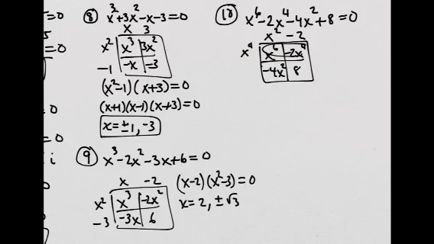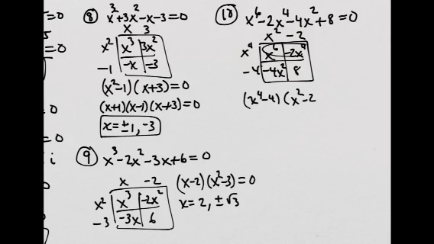And what times x squared gives you negative 4x squared? The answer would be negative 4. And just double check, is negative 4 times negative 2 positive 8? The answer is yes. So your two factors are x to the 4th minus 4 and x squared minus 2, and you set them equal to 0.